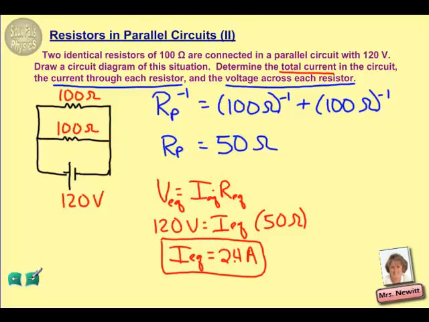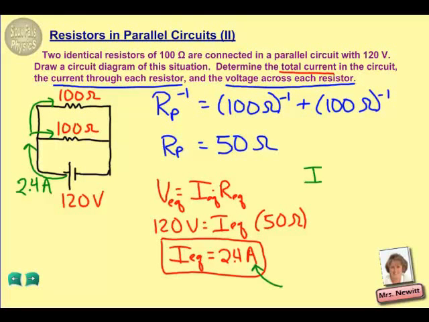We just determined that the equivalent current is 2.4 amps. So if I were to look at our power supply here, a total of 2.4 coulombs per second is leaving that battery and heading for the external circuit. If we have two pathways that are equally likely, in other words they have the same resistance, then that current will split equally when it reaches the split in the circuit.